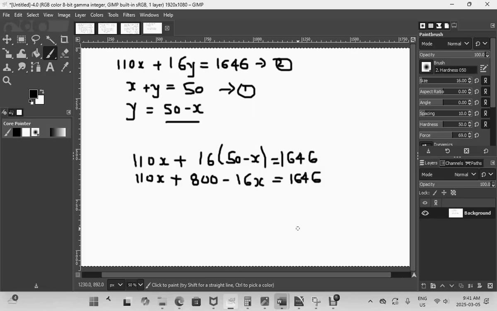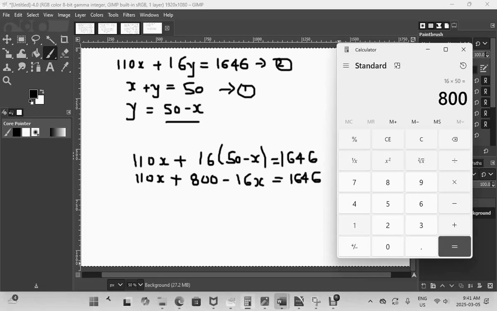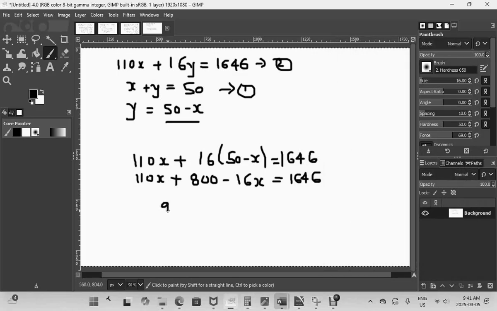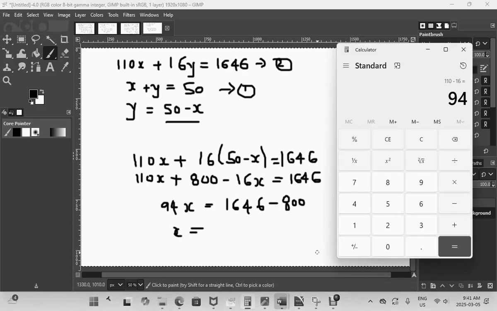So 110x minus 16x is 94x, so 94x equals 1646 minus 800. So x equals 846 divided by 94, which is 9.